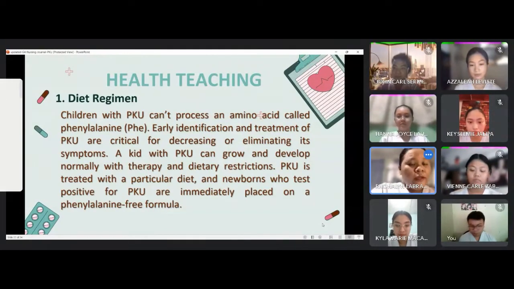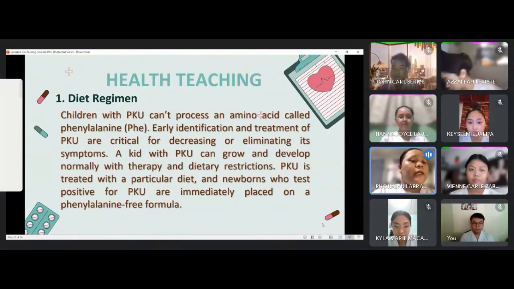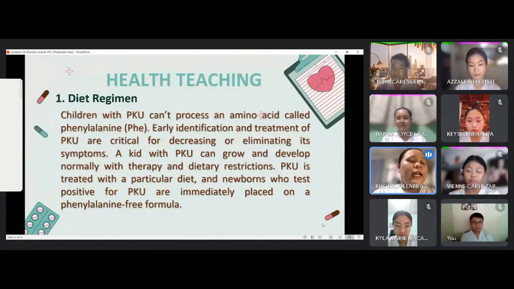This will guarantee early detection, which will be a big help in minimizing the symptoms. A kid with PKU can grow and develop normally with therapy and dietary restrictions. PKU is treated with a particular diet, and newborns who test positive for PKU are immediately placed on a phenylalanine-free formula. Next slide, please.